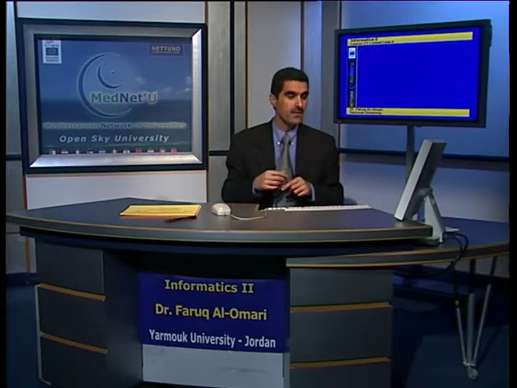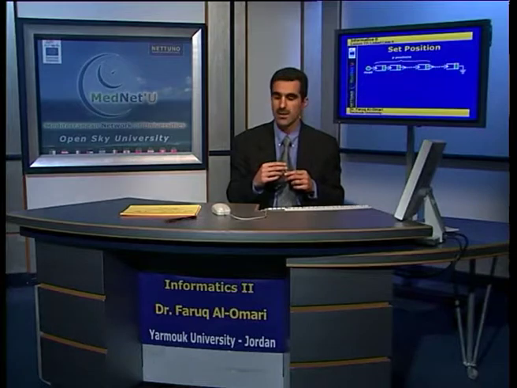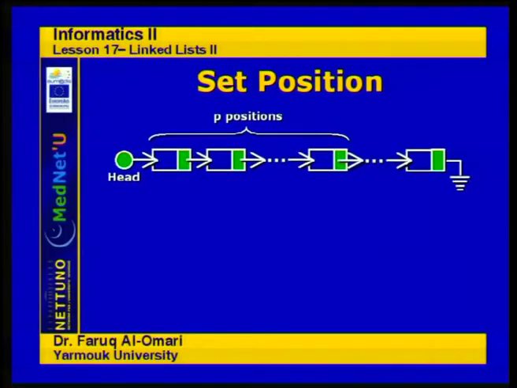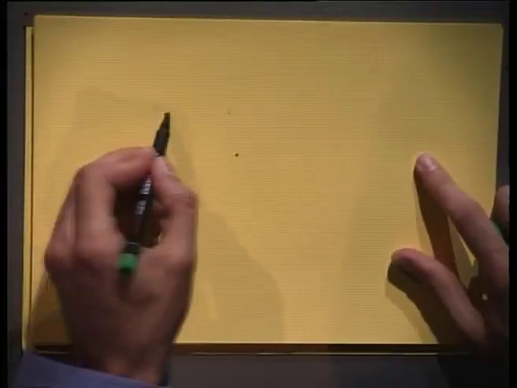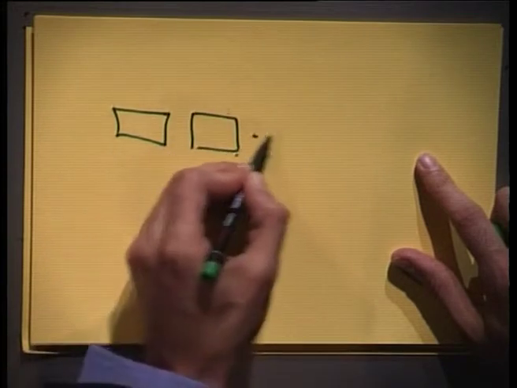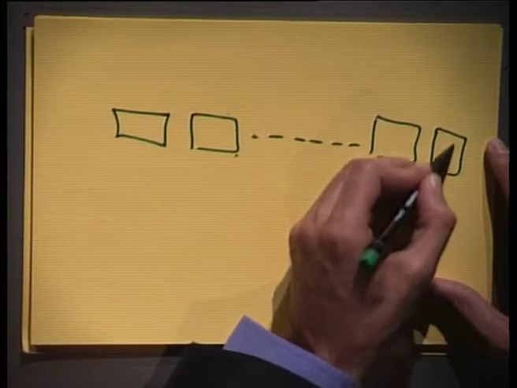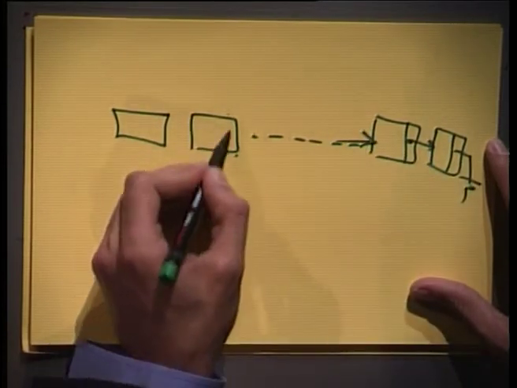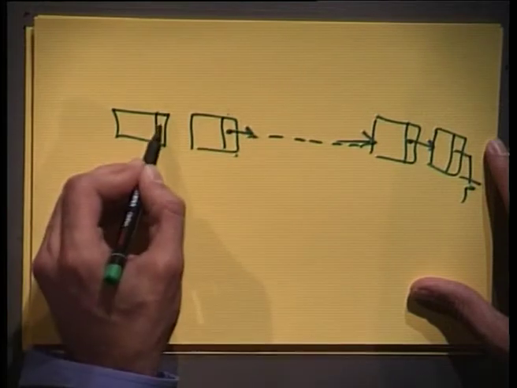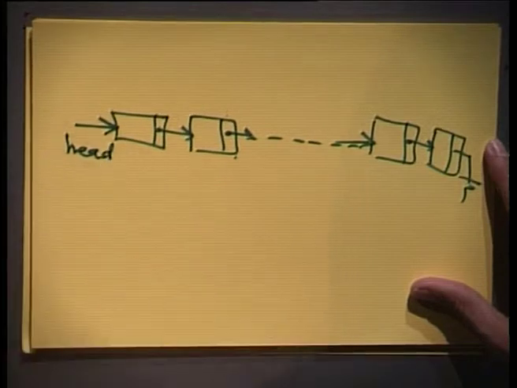Okay, let's talk about the first function then. This function is how to set the position of a certain node in the list. Basically, I would like to point to that node in the list. Here's my list, and here's head that points to the beginning of this list.